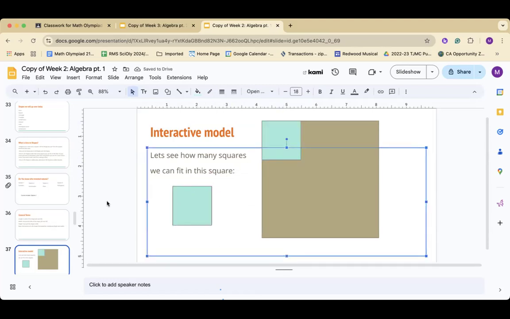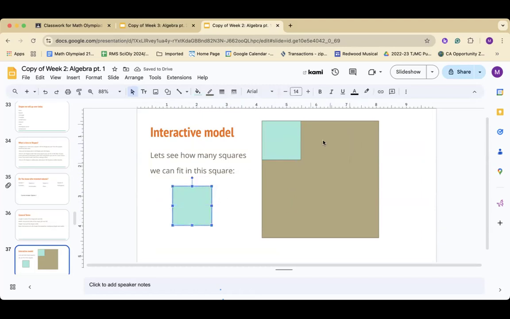Okay, so we can fit 1, 2, 3, 4. Okay, so we fit 4, but let's see if we can add more. 5, 6, 7, 8, 9.